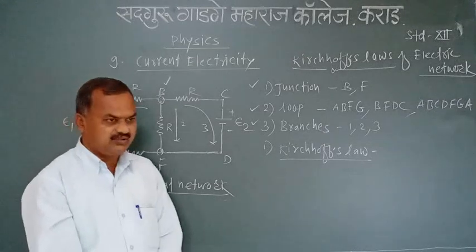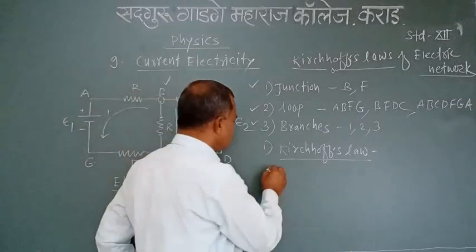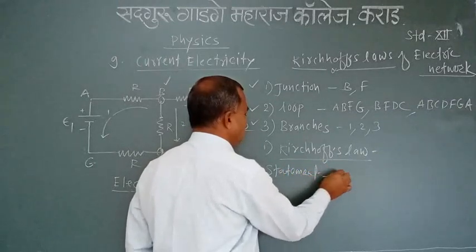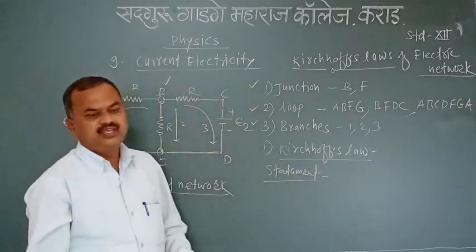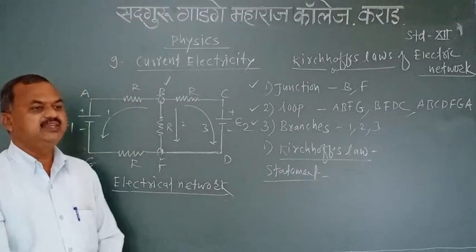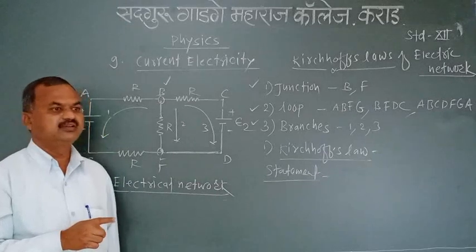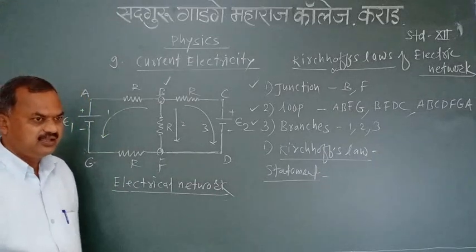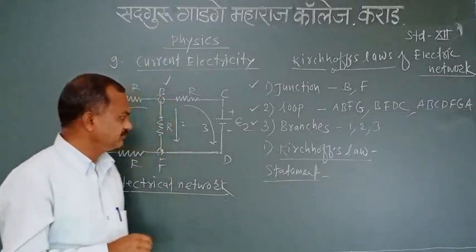The statement for Kirchhoff's first law is: the algebraic sum of currents at any junction is always equal to 0 in an electric network.